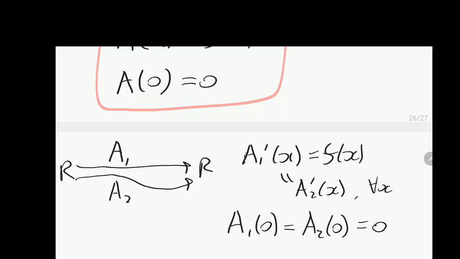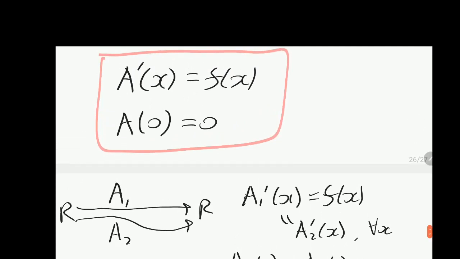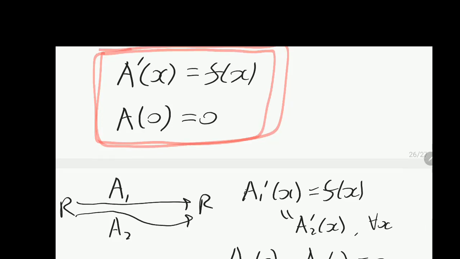And so what I'm then going to do is to use the constancy principle to infer that A1 is equal to A2, thus showing that these constraints essentially uniquely define how this function A has to work.